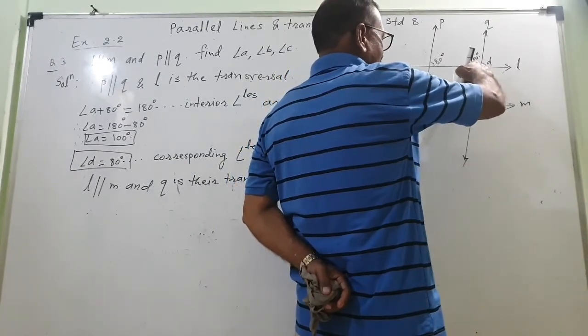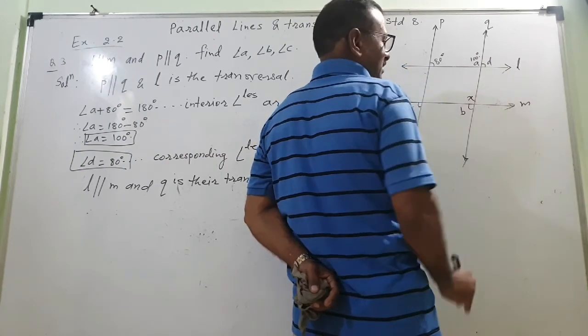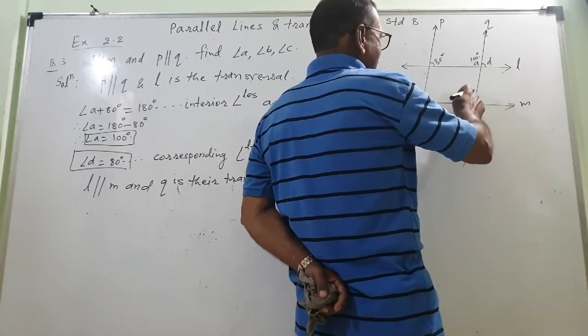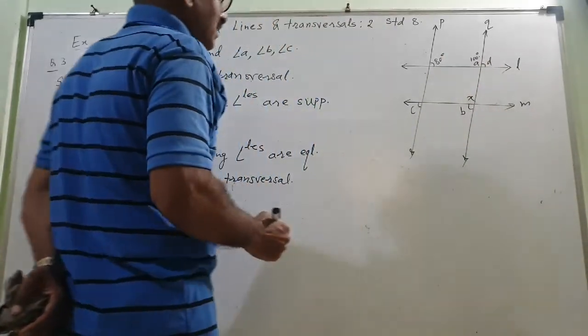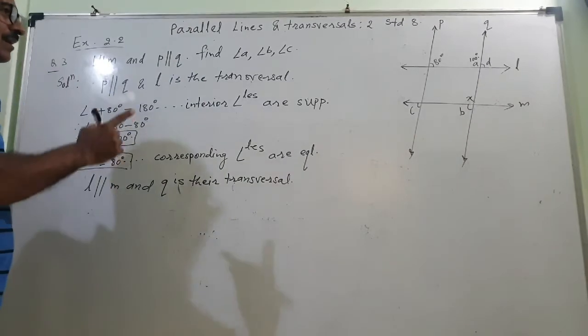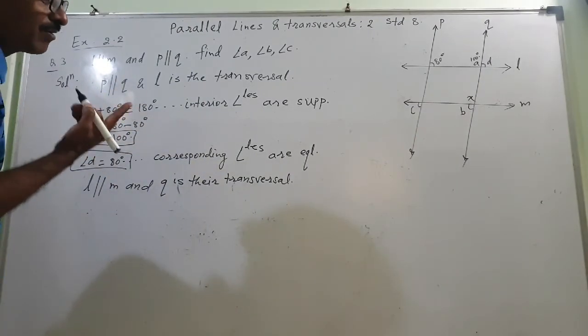A and this, say suppose this is X. A and X are corresponding angles. X is what we have assumed.